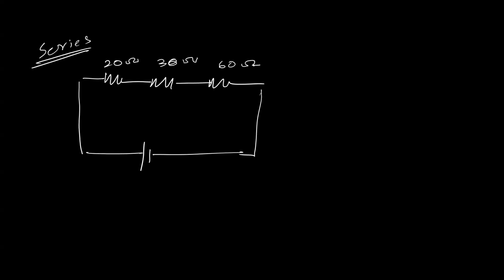The symbol for resistance is ohm. Okay, it's a Greek letter. This is the symbol. Already you all have studied Ohm's law. According to Ohm's law, the equation is V equals IR.